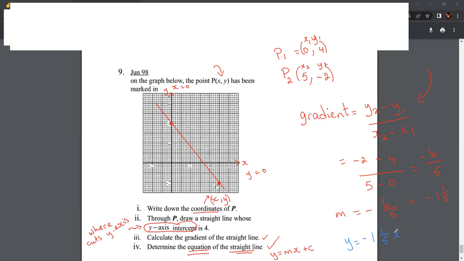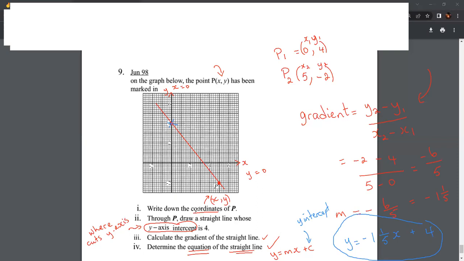X is a variable, so we leave it as x, plus c. And remember, c is your y-intercept. This time, I don't have to solve it because I know it. I know it's 4. So this now is going to be my equation of this entire line.